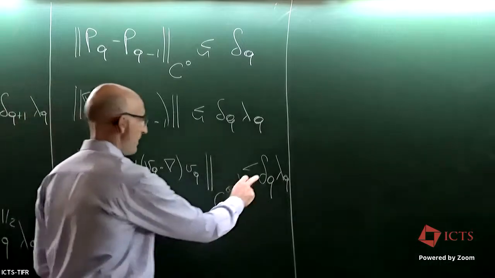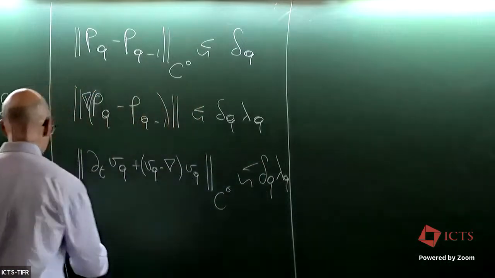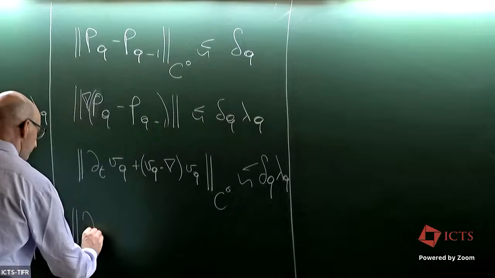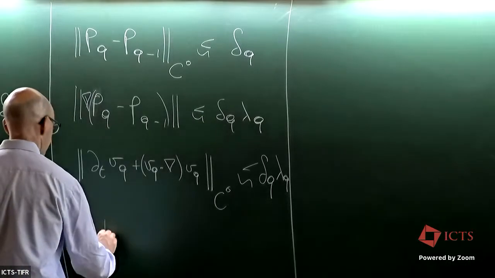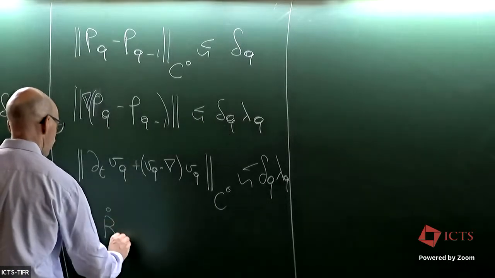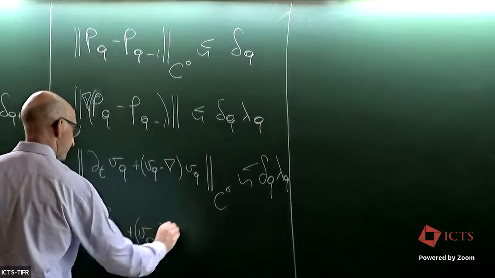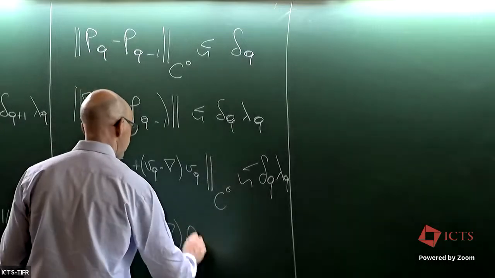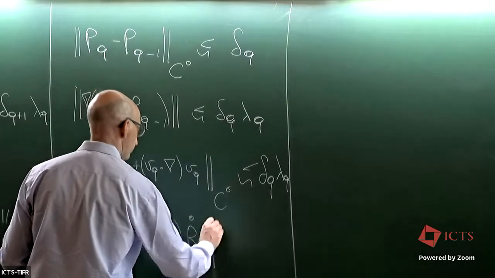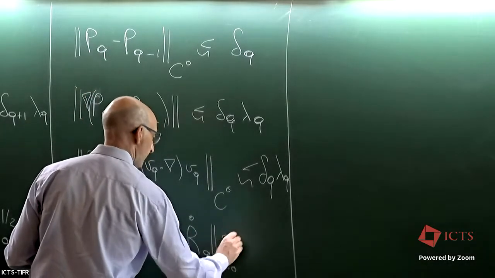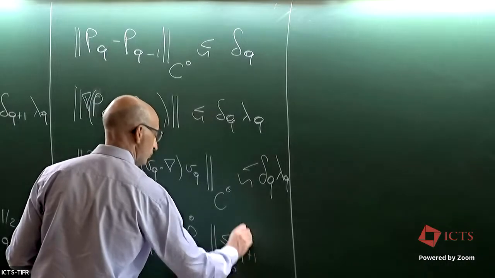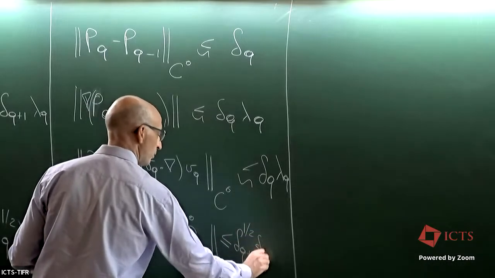So it improves by a delta Q to the 1/2. Now here, there's a very important observation, which was made by Izet for the first time in the work leading to his PhD thesis. Even the advective derivative of the Reynolds stress improves by this factor delta Q to the 1/2.